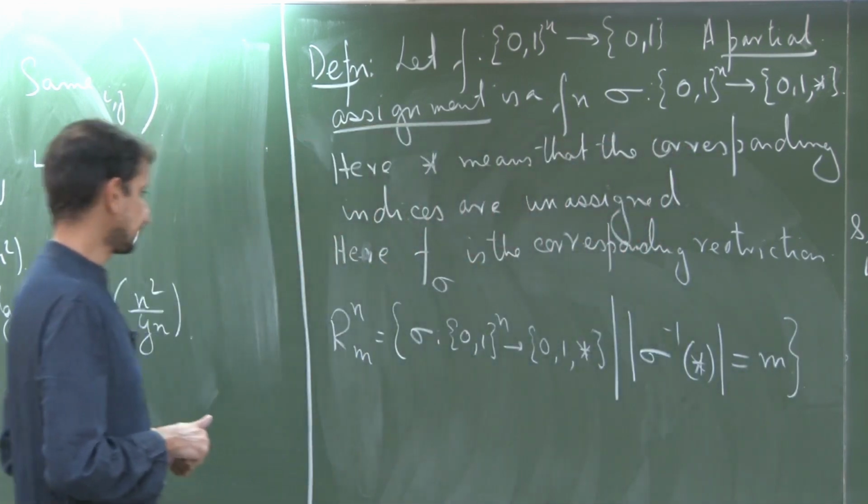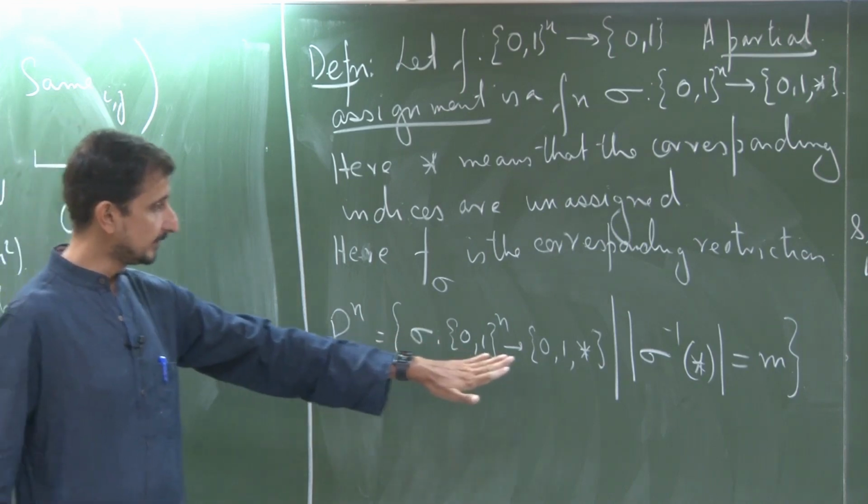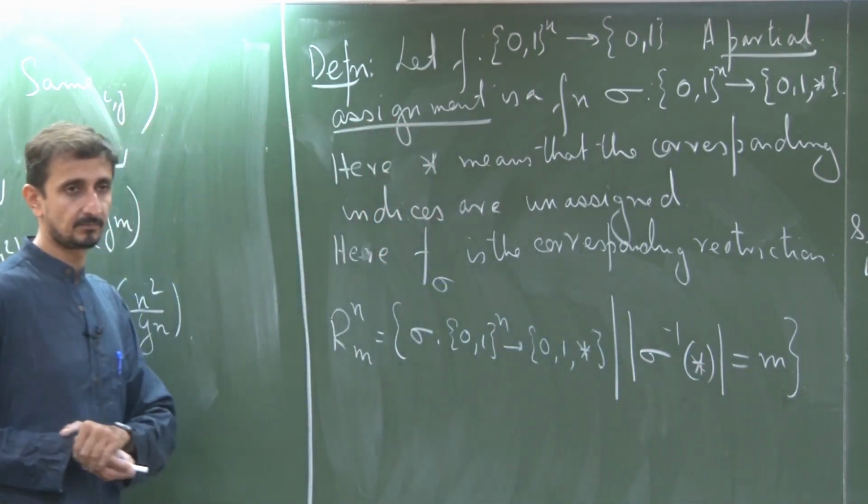So, essentially, all partial assignments which leave m indices unassigned.